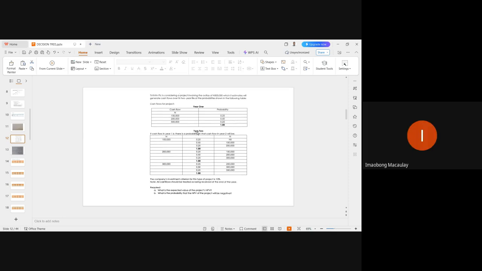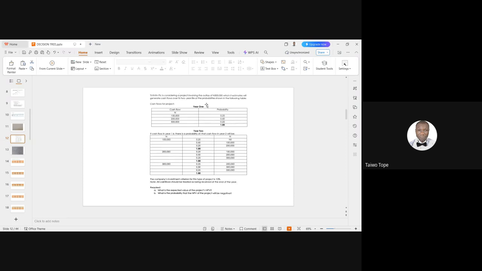Yes. So in year 1, you are likely to experience cash inflow of 100,000, cash inflow of 200,000, and cash inflow of 300,000.